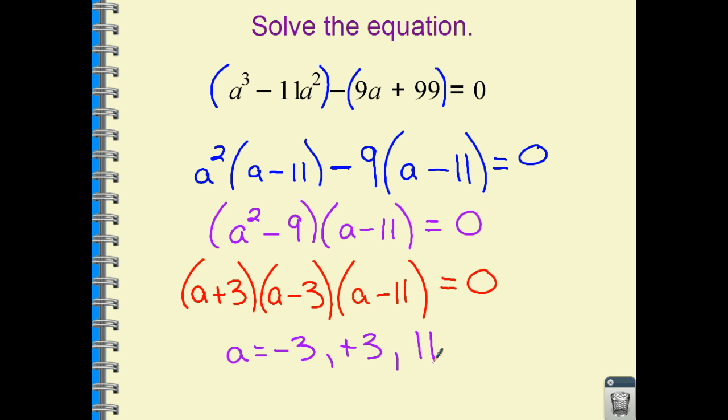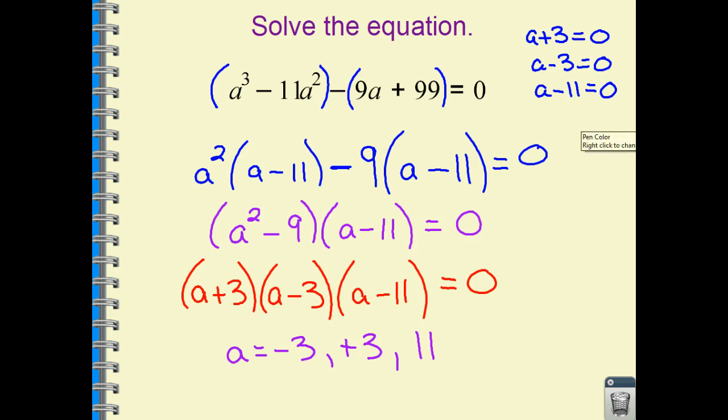That's the final answer. And if you're wondering how I did all that, think back a video or two when I took each of these terms, set it equal to 0. So I did a plus 3 equals 0, a minus 3 equals 0, and then that a minus 11 equaling 0, and I solved for all three of those.